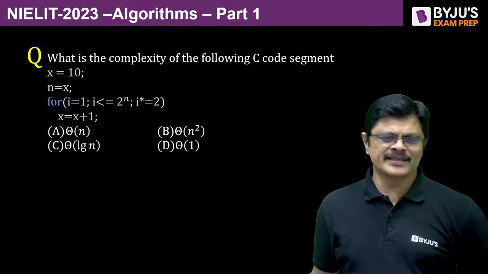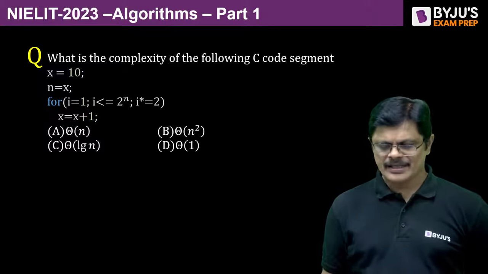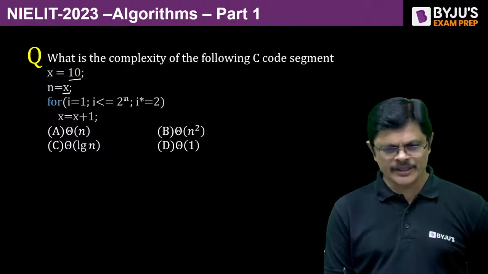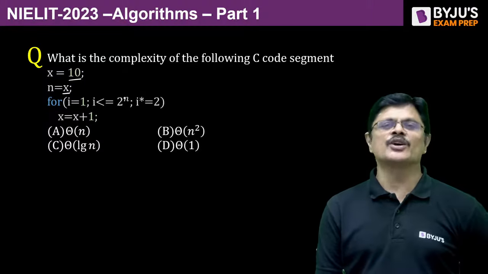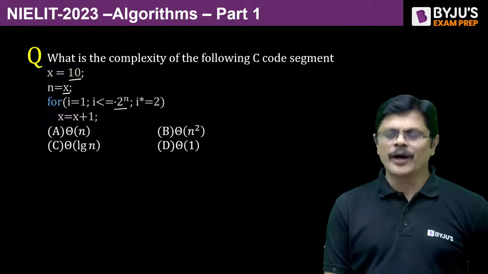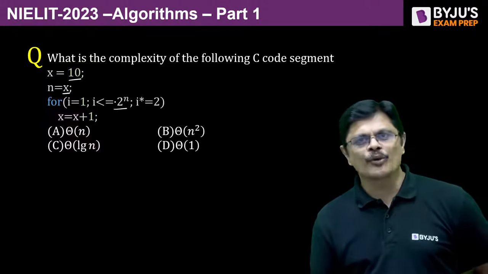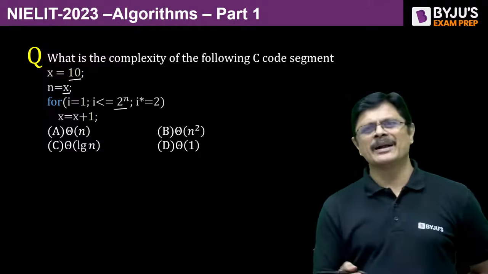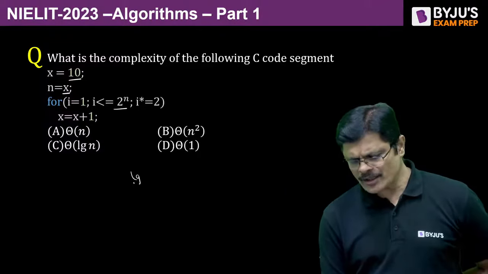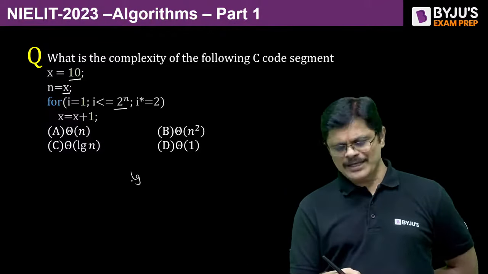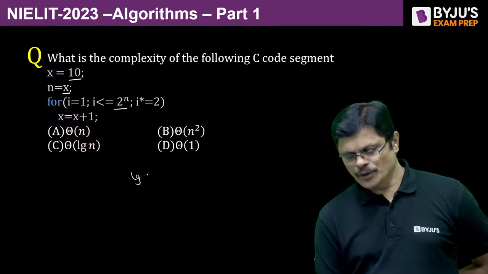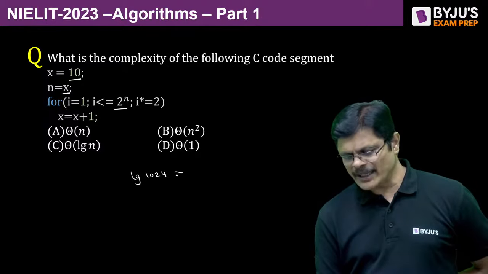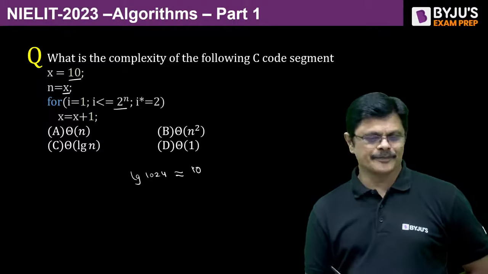See here, x value is 10, so n is 10. So you are reaching 2 power 10. 2 power 10 means 1024. You are reaching 1024 in multiples of 2, which means log. The answer is log 2 power n, so log 1024, that is nothing but 10.